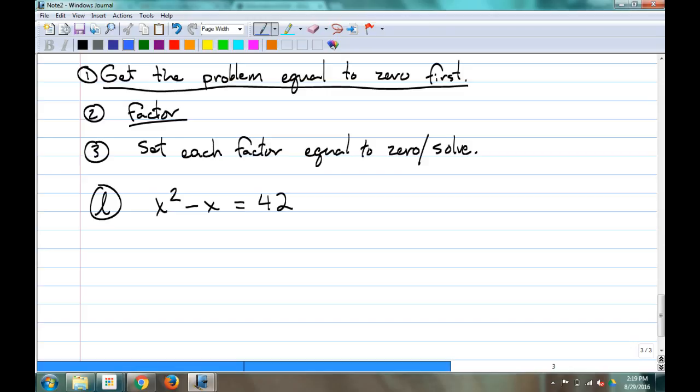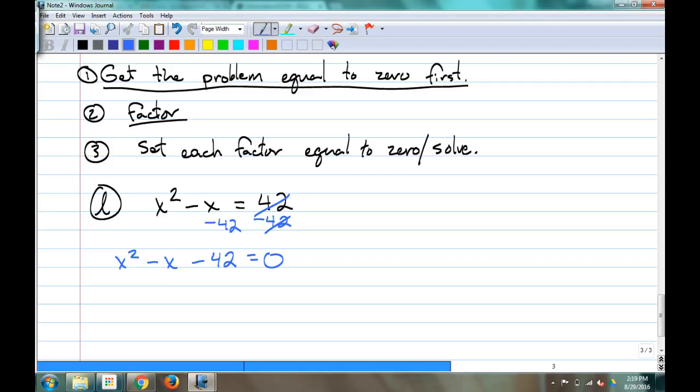No. Looks like it's equal to 42. So I need to get it equal to 0. So how? Subtract the 42. If I subtract 42, that'll get it equal to 0 on that side. And then on the left side, we want to write that in descending order. So we start with x squared, then the x, and then the number. x squared minus x minus 42.